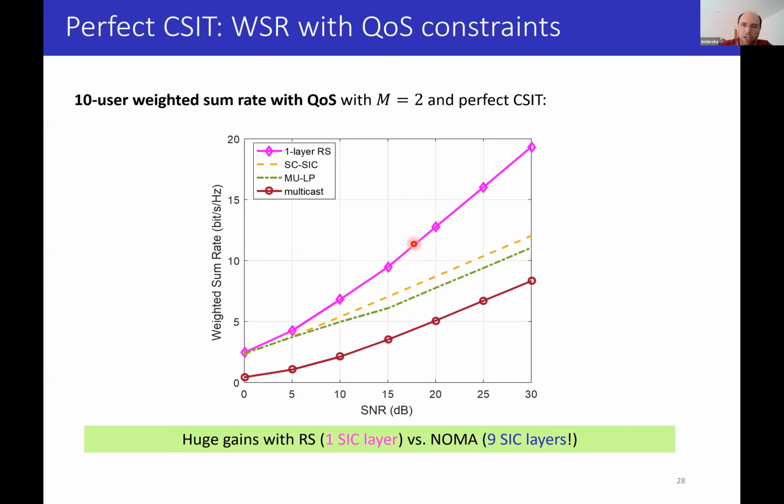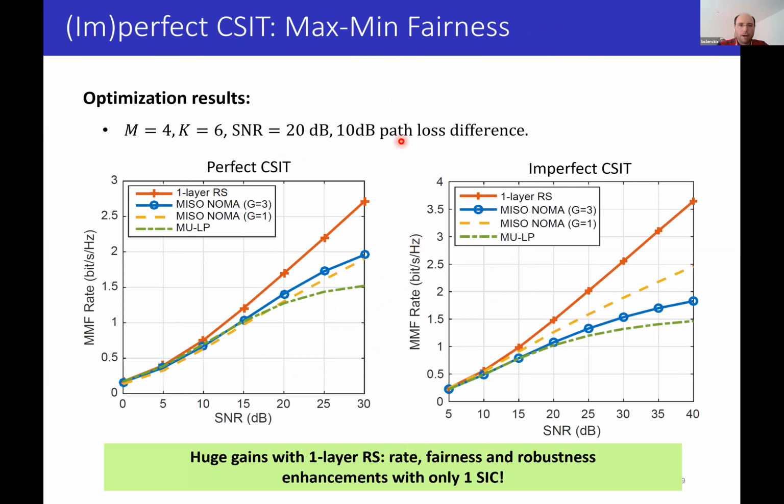Right? The reason, again, why we have this gain is that we are not in a regime where we treat interference as noise. We are not in a regime where we fully decode interference. We actually find out the sweet spot to treat interference partially as noise, but partially decode interference. And that gives you the performance enhancement and the decrease in the number of SIC.